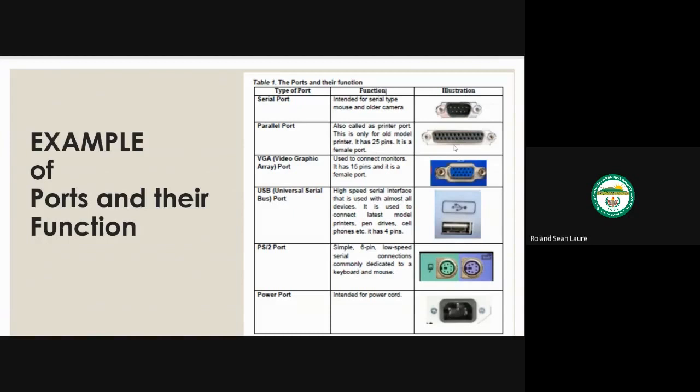Okay, next is the USB or Universal Serial Bus port. Hermosa, please read. A high-speed serial interface that is used with almost all devices. It is used to connect the latest model printers, pen drives, cell phones, etc. It has 4 pins.